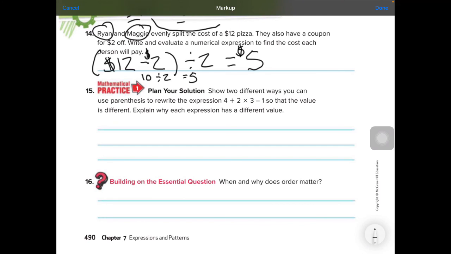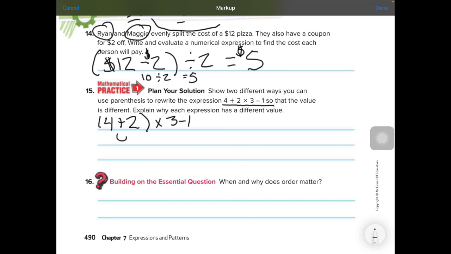Number 15. Show 2 different ways you can use parentheses to rewrite the expression so that the value is different. Ooh. Explain why each expression has a different value. Let's do that. Let's do the parentheses in the first part. So let's group together the first part, which is 4 plus 2 times 3 minus 1.